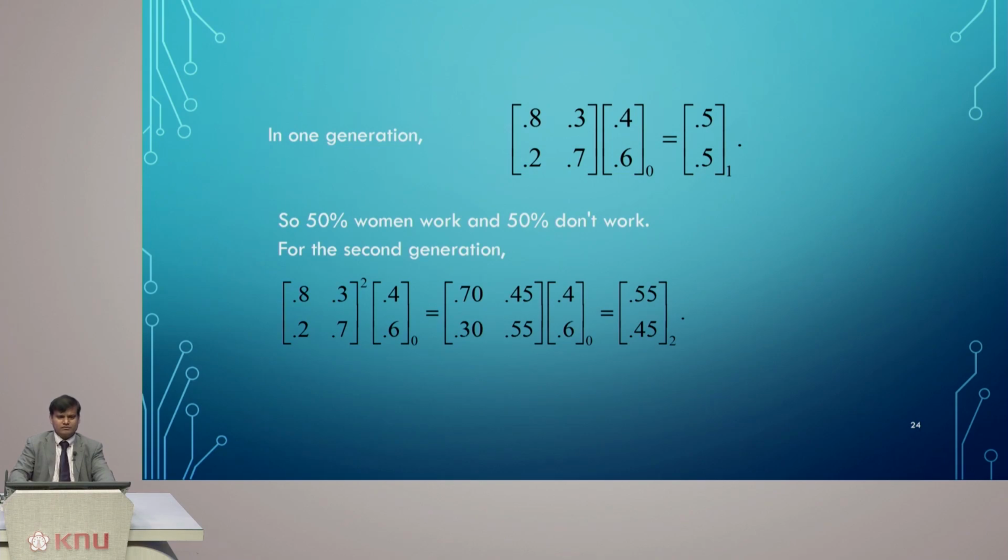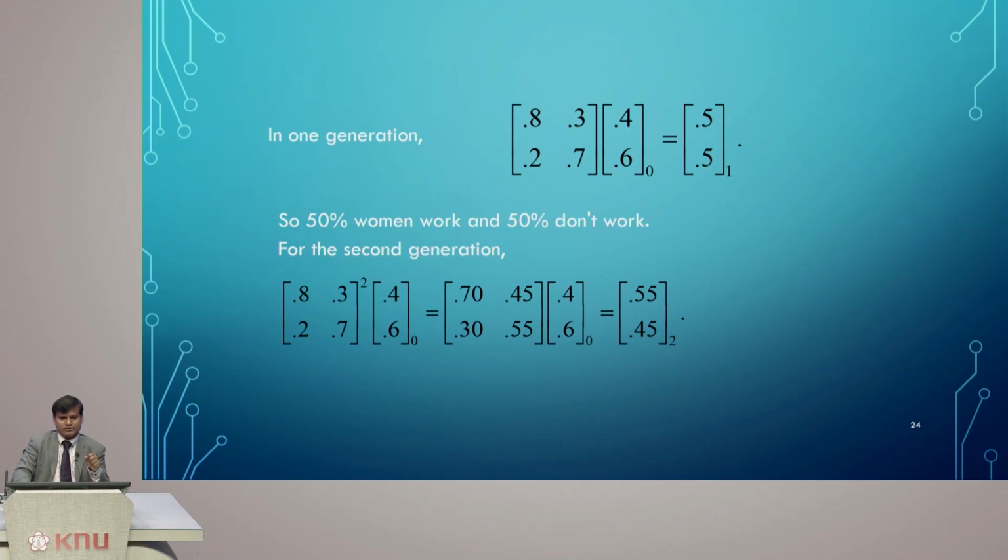Again, you can find the second generation. What we do is take the square of the given transition matrix and then multiply it with the initial distribution.